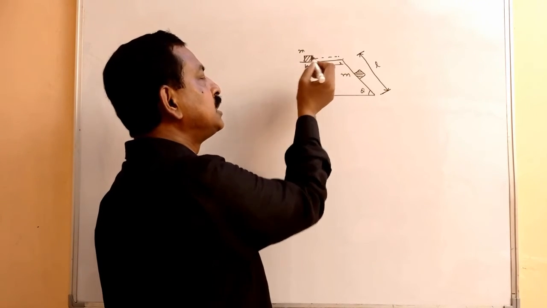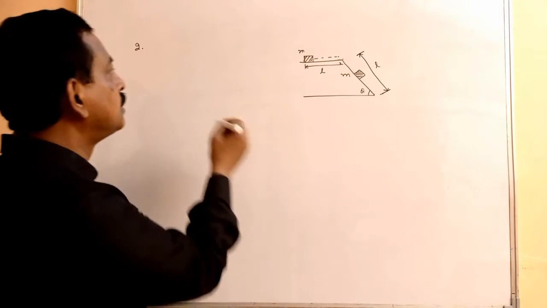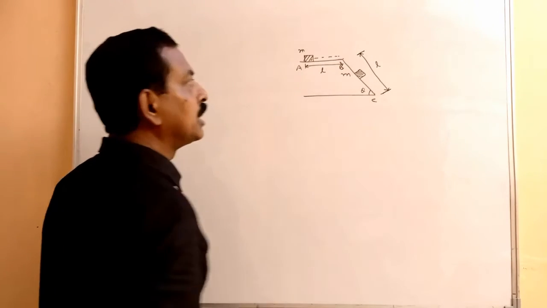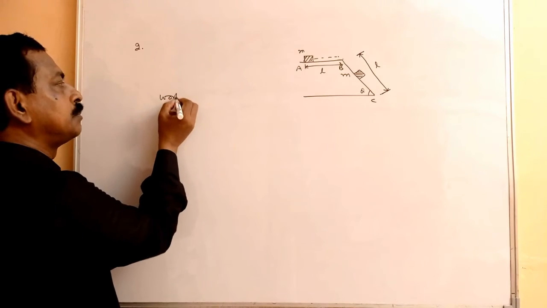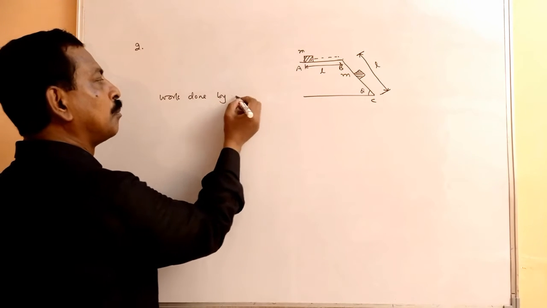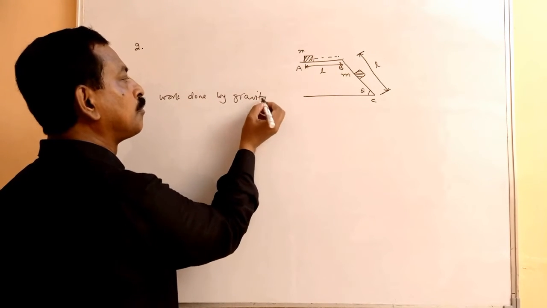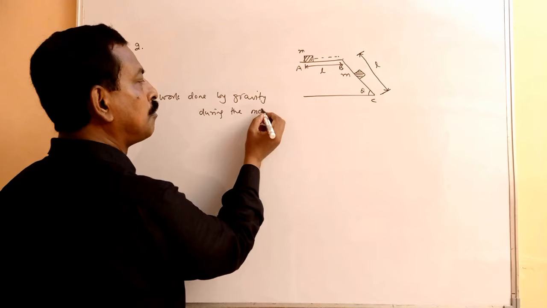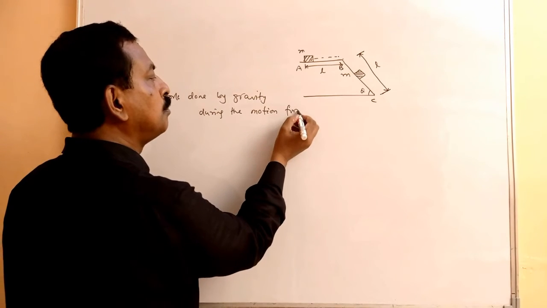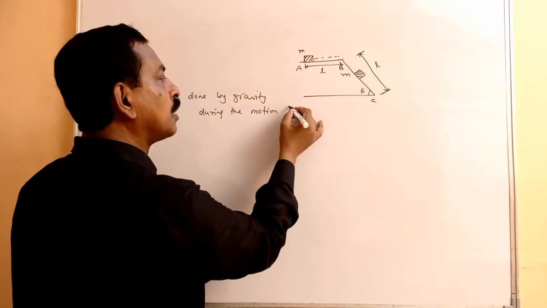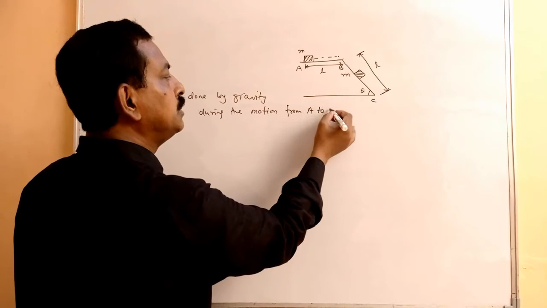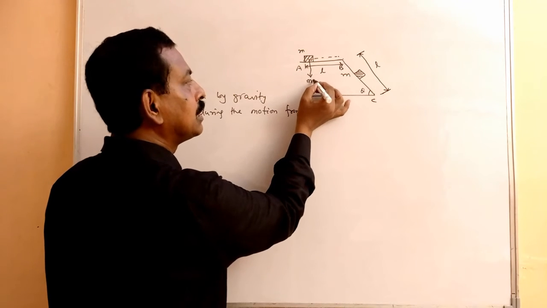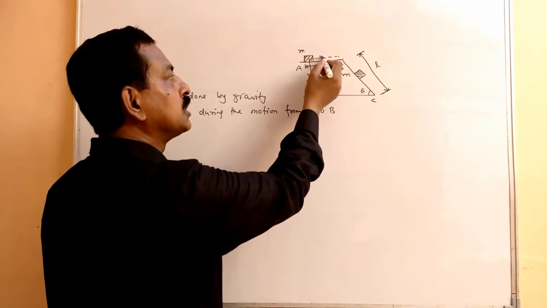Okay, so if you consider work done by gravity, suppose I take A, B, and this I call it as C. So work done by gravity during the motion from A to B. Remember, the weight or the gravitational force will be acting downward and the body is moving in this direction.